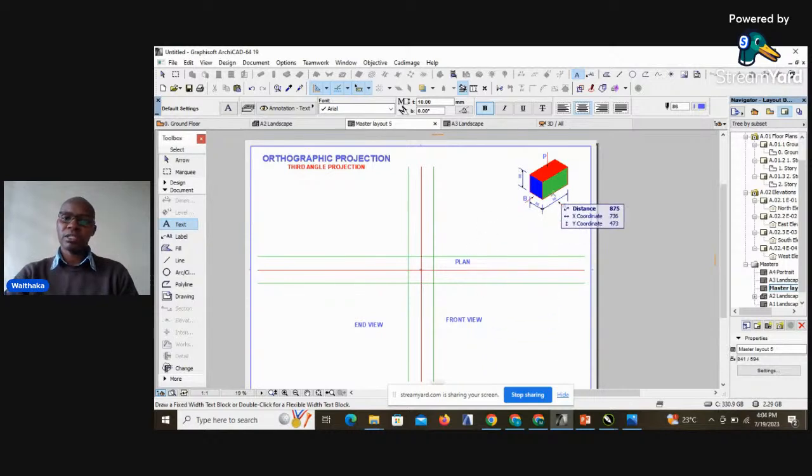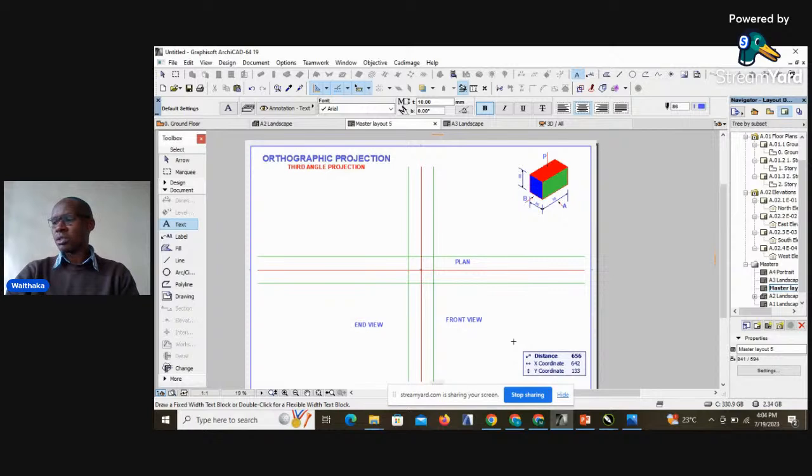For this case, we are required to project the end view on our left-hand side, and that's why we said it will remain on our left-hand side. If you are required to project another end view from the opposite side, then it will come to the right. We'll have our end view where our front view is, and the plan above the front view.